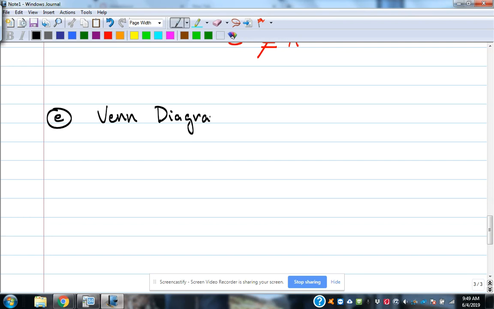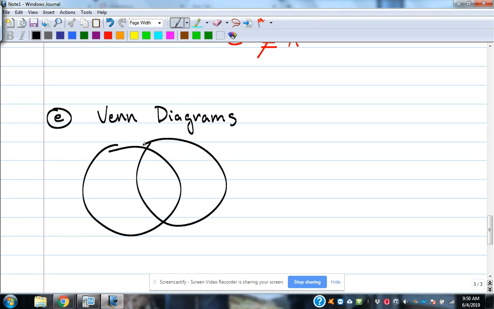You may not remember the name, but I bet you remember the shape. Remember doing those things? You had circles and they had the football shape in the middle, and you had a set A and a set B. And the way that Venn diagrams work, I'm just going to define a couple of sets here.